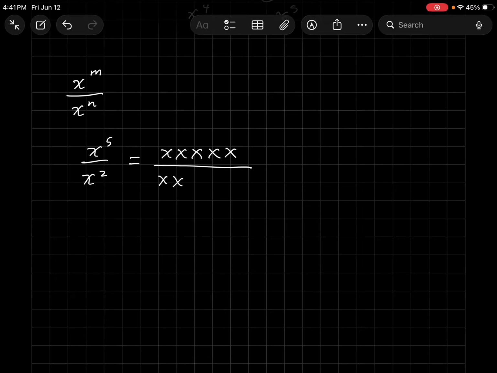We see that things cancel. Those can cancel. These can cancel. And we're left with x times x times x, or x cubed. So what's the shortcut when we divide two things with the same base? The shortcut is we can subtract the exponents.